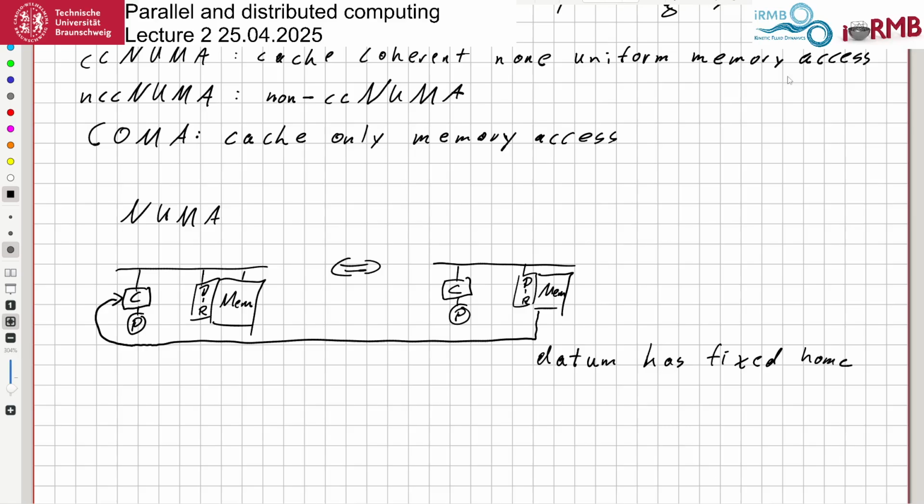Therefore, because there is a fixed home position, if you have to access the memory of your neighbor and you work on it, it will usually take a longer time than if you work with your own memory. This is why this is non-uniform.